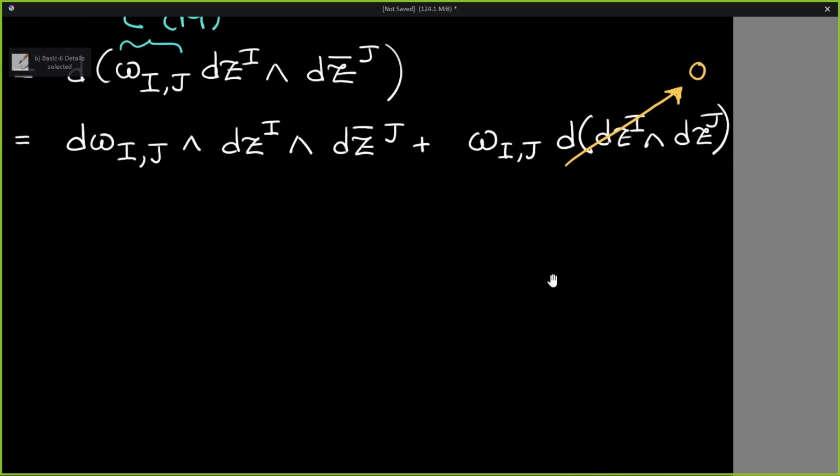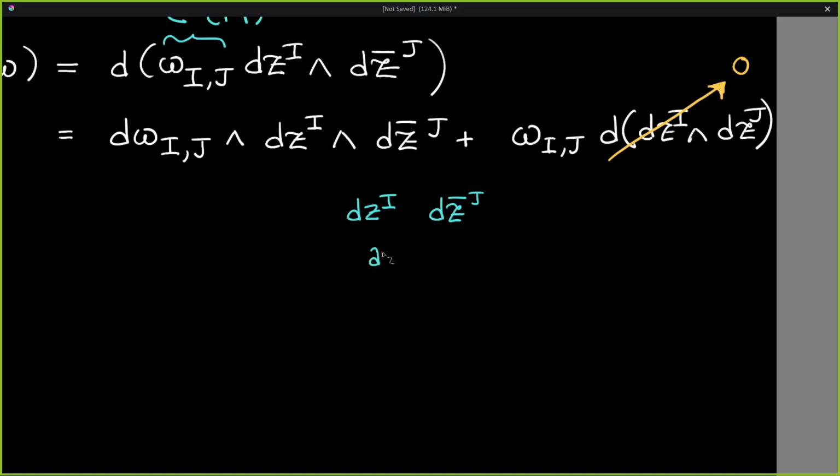We have dz i and dz bar j as the basis covectors here, or one forms, the basis one forms. But even though we're calling them dz i, this is just a name.